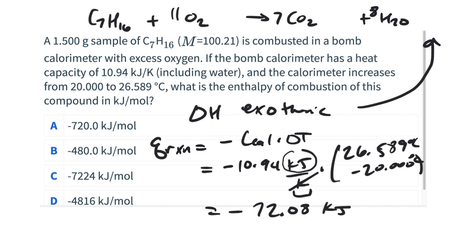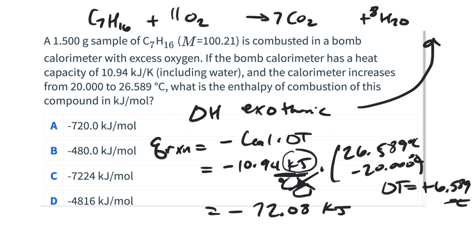Now we're already in kJ at least. From the problem, we had kJ per Kelvin multiplied by 6.589 degrees C, so the delta T was positive. I'm just making sure we see that the unit cancels, degree C in Kelvin. We could have also written this as degree C if we wanted to, changing it to 10.94 kJ per degree C, which would also be okay. And so we get 72.08 kJ.